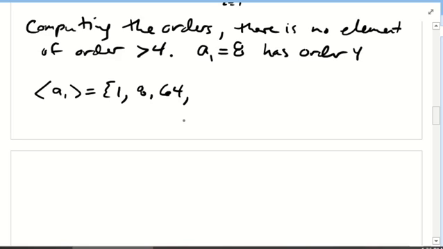What's 8 cubed modulo 65? 57. That is a cyclic group of order 4 there. So now find another element of maximal order. So this means that G1 is this.